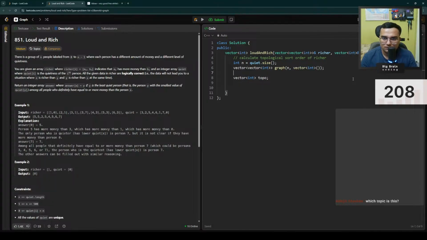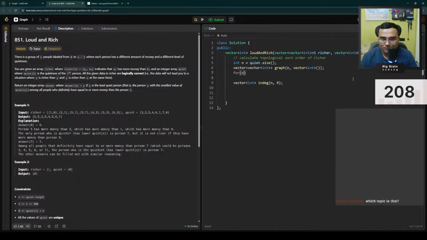Yeah, that's it. And then calculate in degree. In degree size, and initially everything is 0, correct? Okay, let's keep this here. Let's also create the graph first.